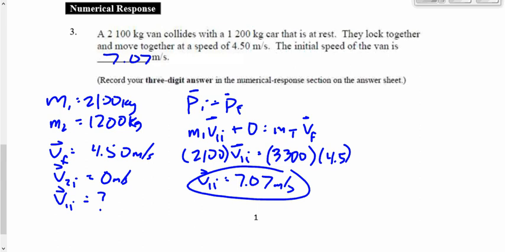Come unit test day, ideally we get this right now, but it's a process. Come unit test day, we definitely want to get this right, but we've got some time and some work to do still before then. So if you got it wrong, don't panic. It doesn't mean you're in rough shape. It just means that you've got a little bit of work to do. That's all, if you got this question wrong.